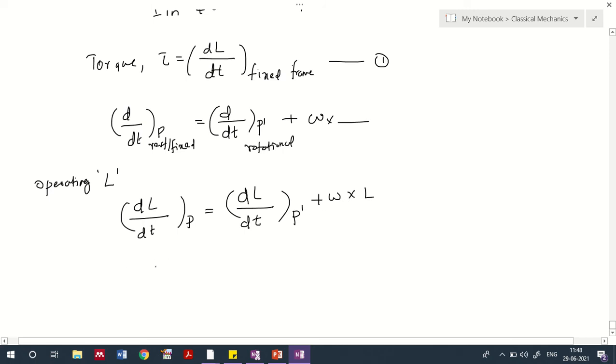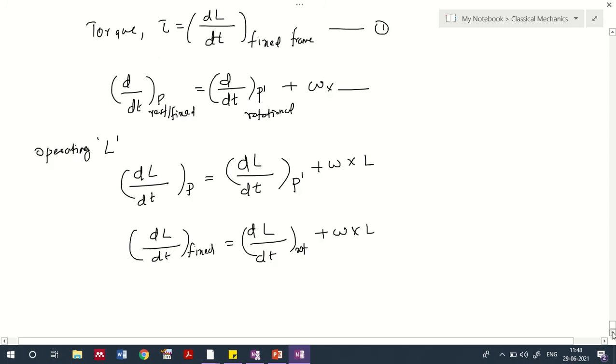Now we know that dL by dt, in the fixed frame of reference, is equal to dL by dt in the rotational frame of reference, which I keep as rot, plus omega cross L. You will get this in detail now.